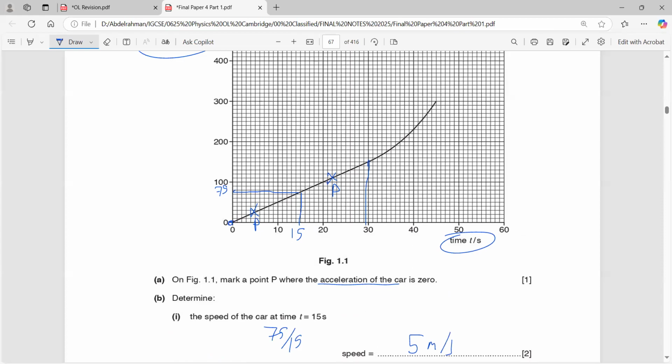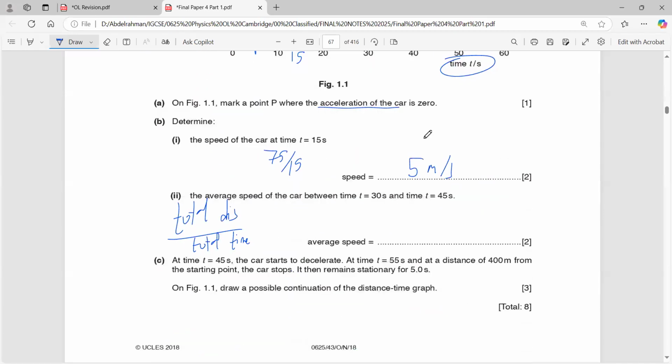At 30 it was 150 and at 45 it was 300, right? So the total distance is 300 minus 150, and the total time is 45 minus 30, which is 10 meters per second.